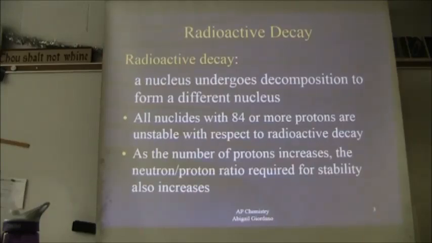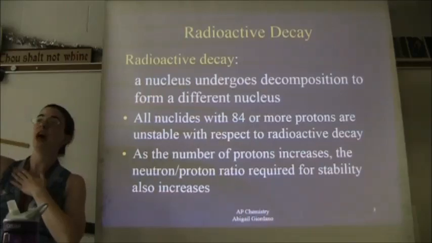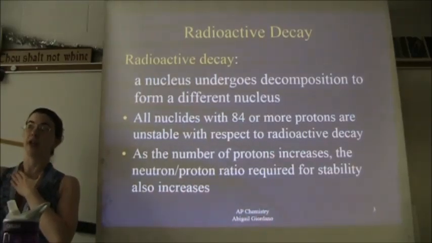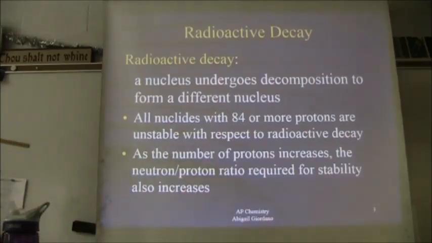Elements towards the top of the periodic table, like boron, carbon, nitrogen, oxygen, very often have the same number of protons as neutrons. But as you start moving down the table, getting more and more protons, the number of neutrons starts to outweigh the number of protons.